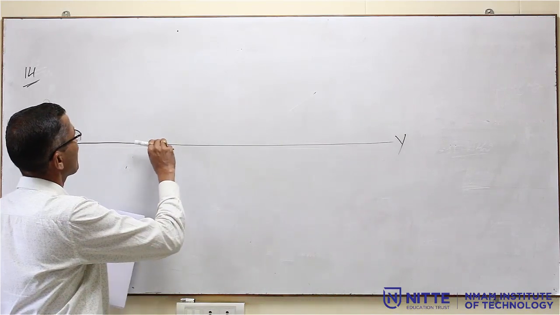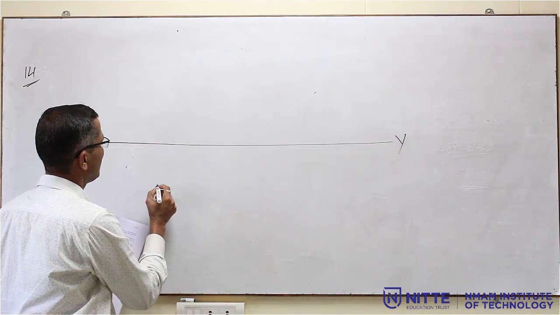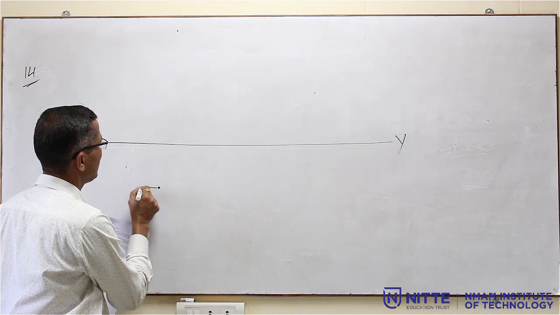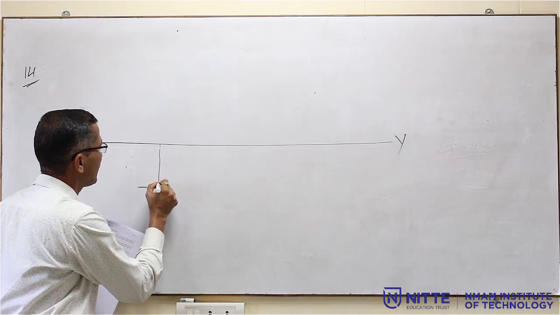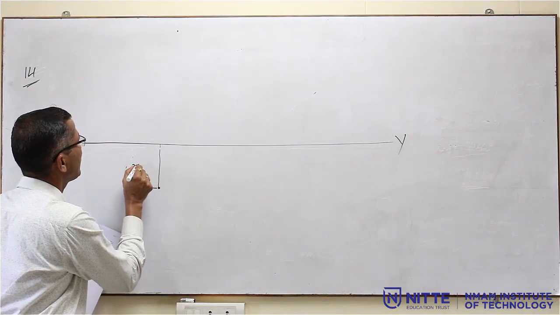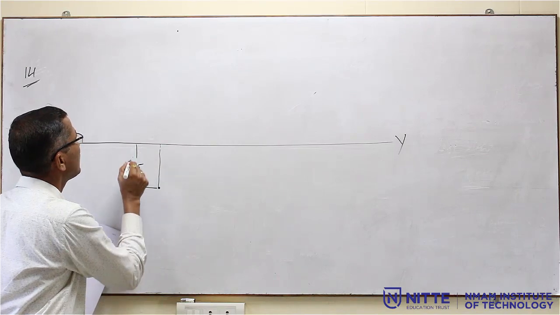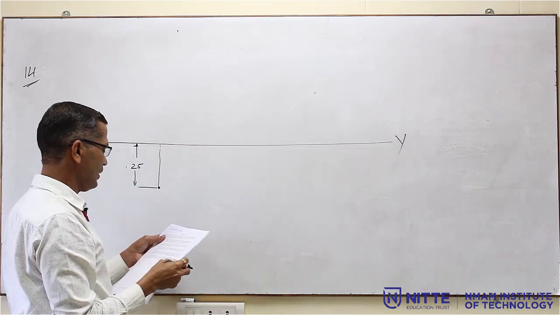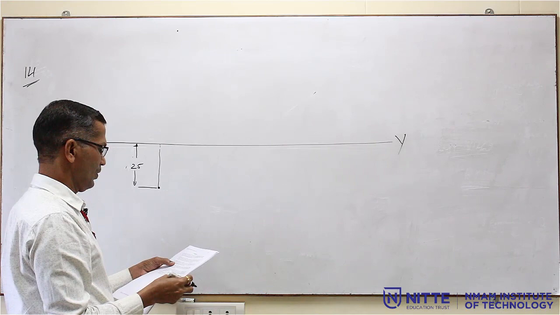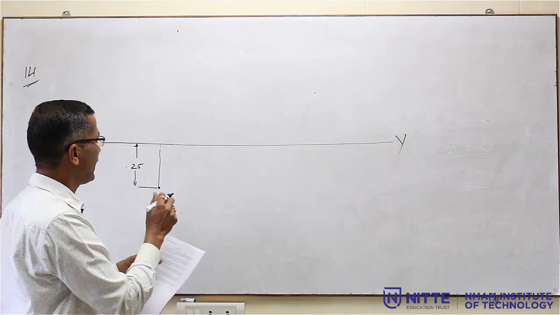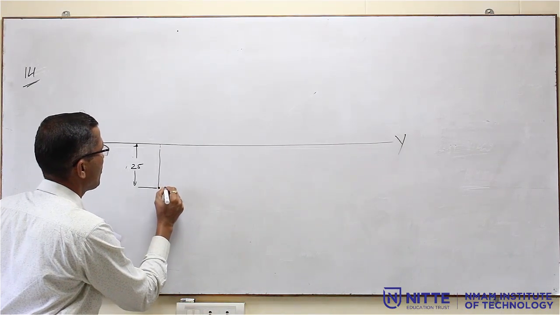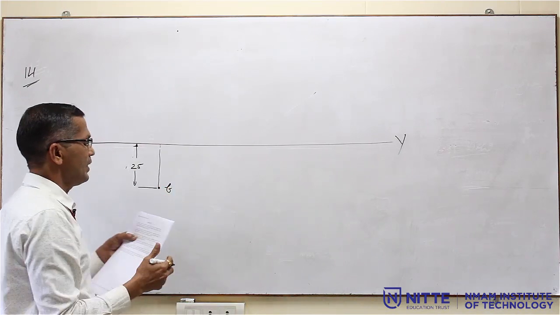So, I can mark a point 25 mm below here like this, just draw a line and mark a point 25 mm below xy line. This is the top view. Top view itself is 25 mm below xy line. So, I will call this as B, name of the point is B.